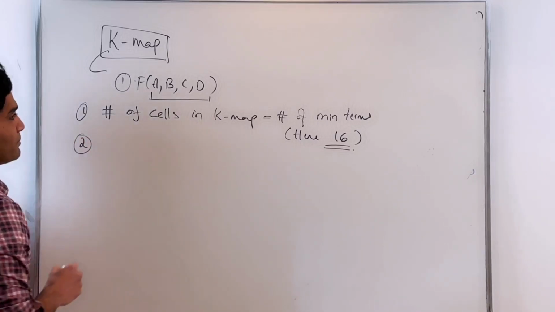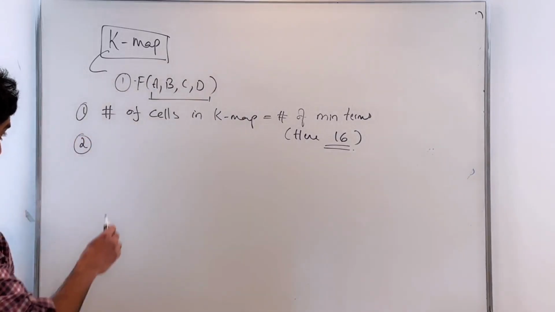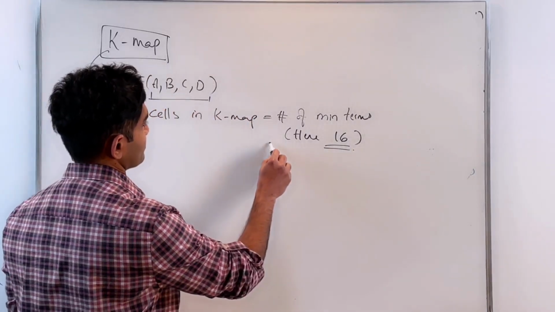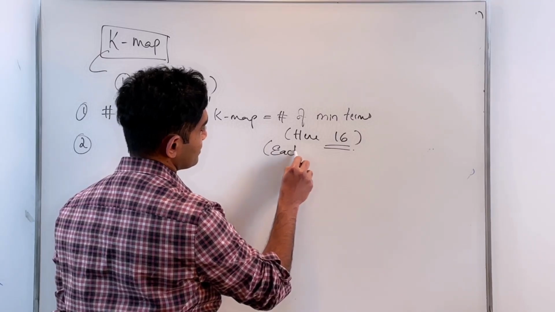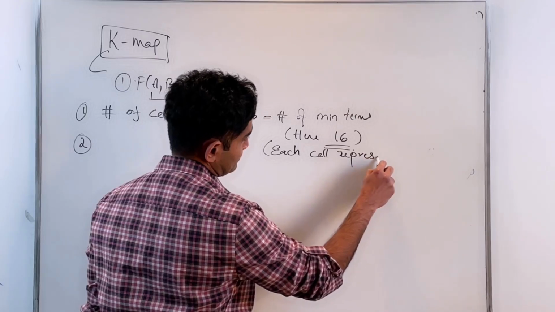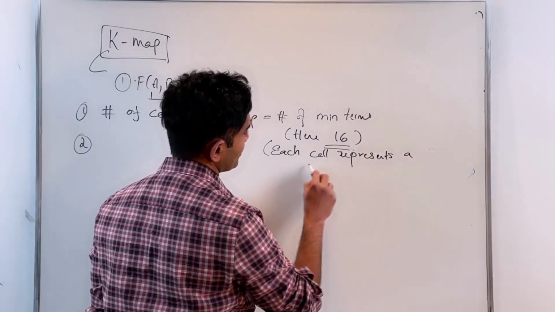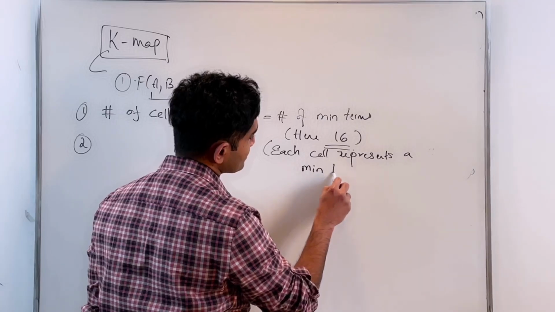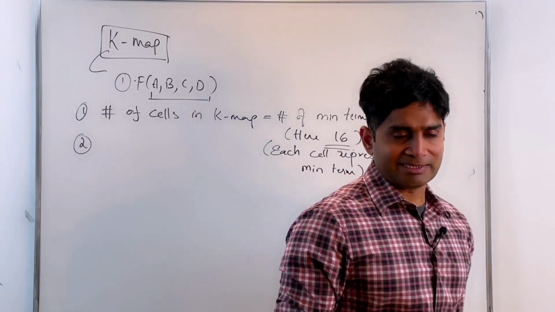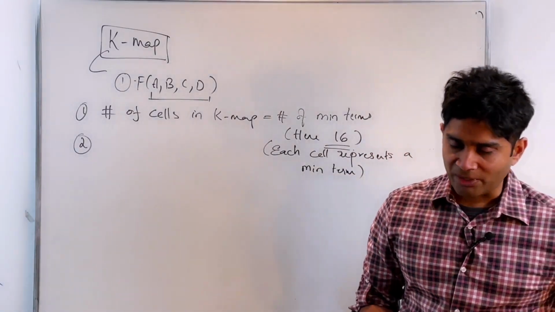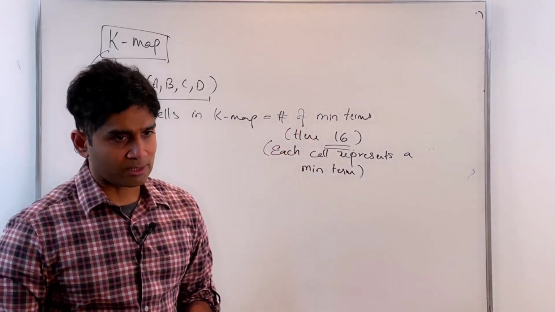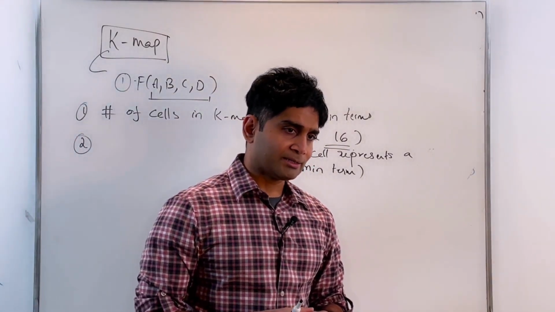Now, the second step is, again, remember that each cell represents a minterm. And in the last class, we discussed the concept of adjacency, right? Two cells are adjacent when going from one cell to the next, only one variable changes.